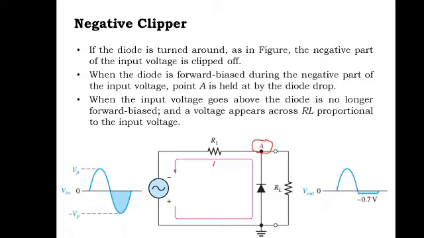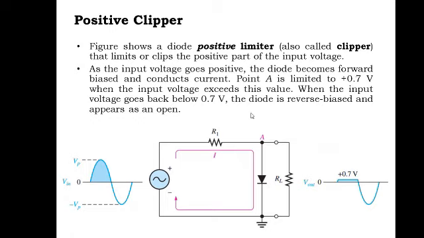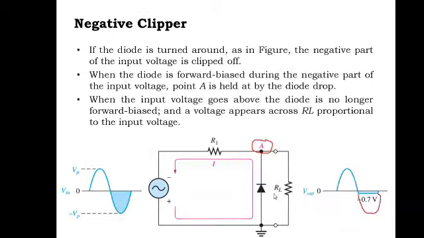So a portion of the input waveform is clipped in the negative clipper. Similarly, in the positive clipper, a portion of the positive waveform is clipped. Irrespective of the amount of peak to peak voltage you are applying, it doesn't matter. It will be only 0.7 volt in the positive clipper and minus 0.7 volt in the negative clipper.